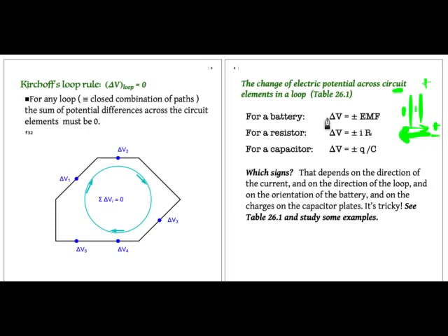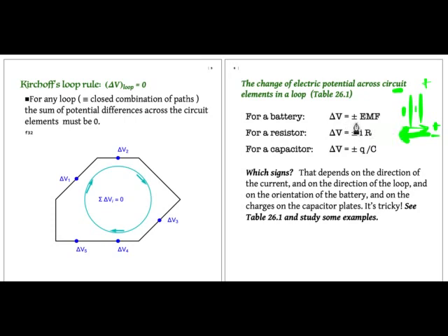So you see, for a battery, the change in potential can be either plus or minus the electromotive force of the battery. Which sign depends on which direction you're going across the battery. I could consider a clockwise loop, but I could also analyze a counterclockwise loop, and that would correspond to different directions across each of the circuit elements.